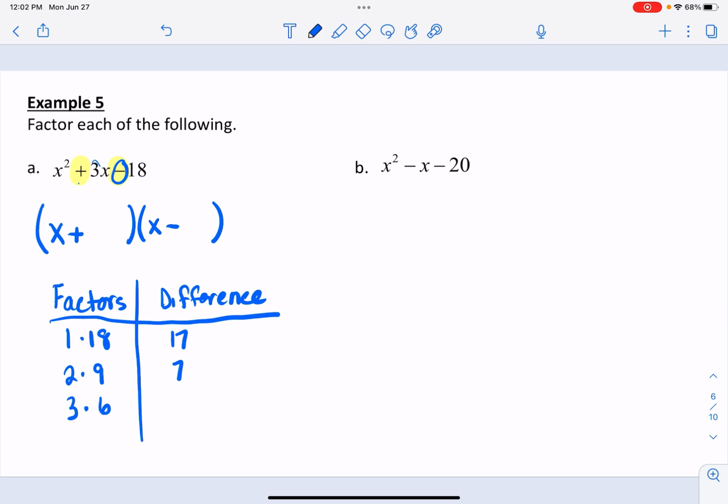Their difference is 3. So what you need to remember is that because the 3 is positive, the 6 has to go to the positive and the 3 has to go to the negative, because positive 6 plus a negative 3 is a positive 3.